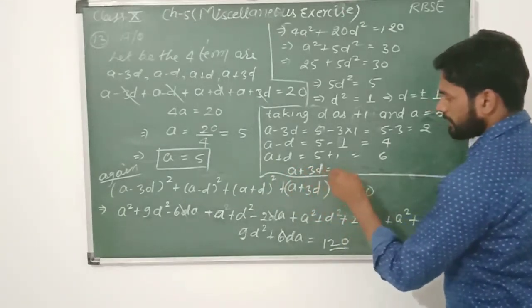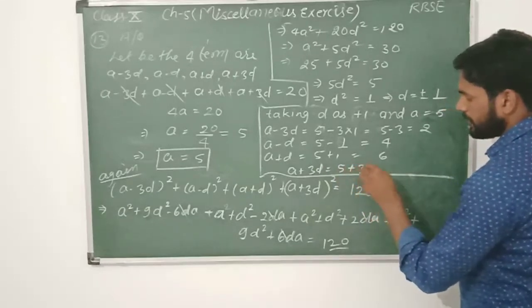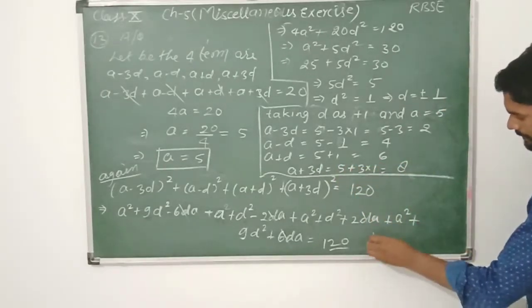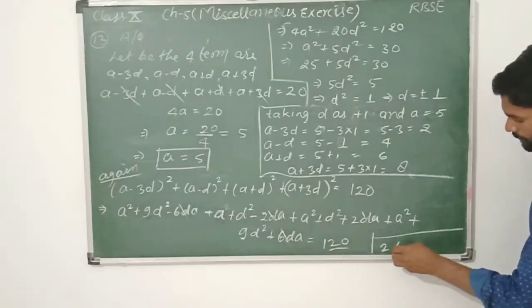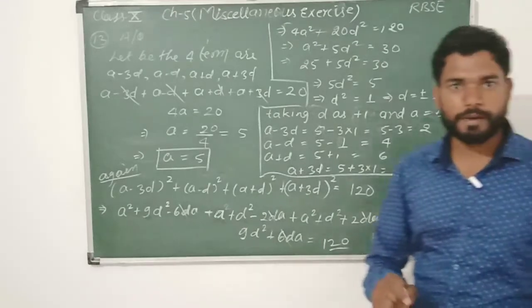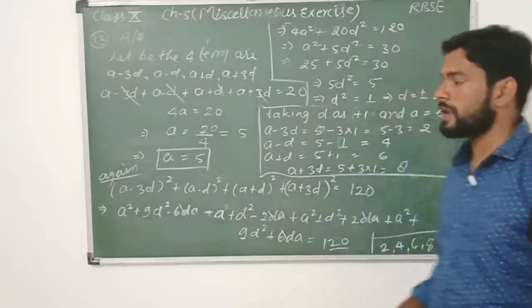And a plus 3d: 5 plus 3 into 1, 5 plus 3 is 8. So our terms are, I am writing here, 2, 4, 6 and 8, and one part is remaining.